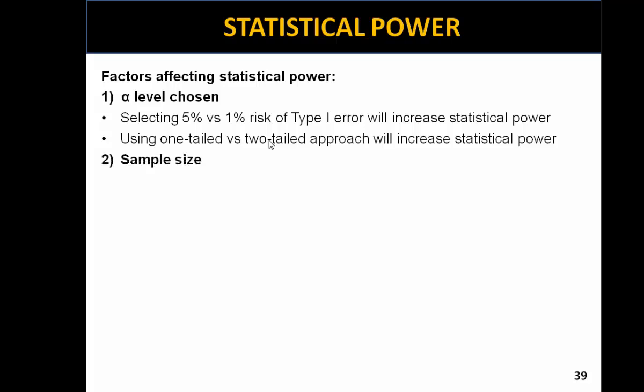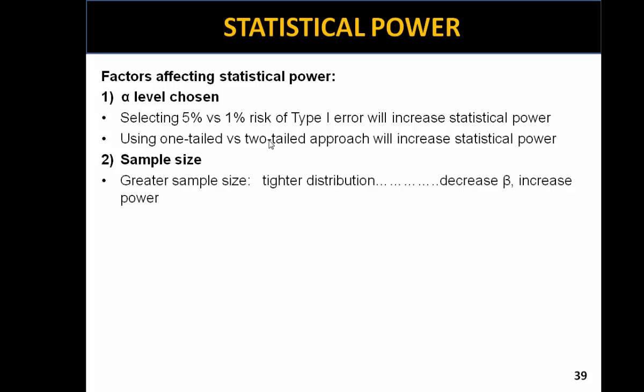The number of participants or units in the sample does play an important role in statistical power. The greater the sample size, recall in an earlier component of this unit, we showed that as sample size increases, so moving from 20 participants to 30 to 40 to 50, the standard deviation will numerically start to decrease.